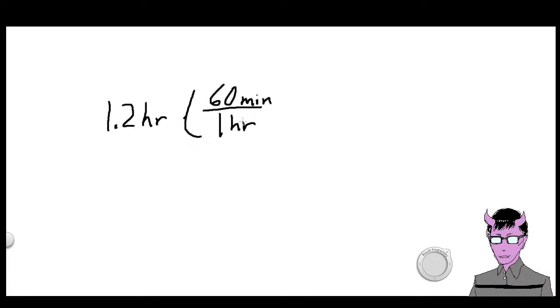So when you perform the operation, the hours will cancel out and you're left with 1.2 times 60, which is 72. Wait, I can't do basic math. Okay. So you have the 0 and then the 6 times the 12, which is 72, and then you move the decimal over, so that's going to be 72 minutes.